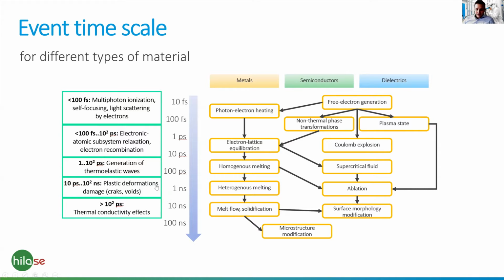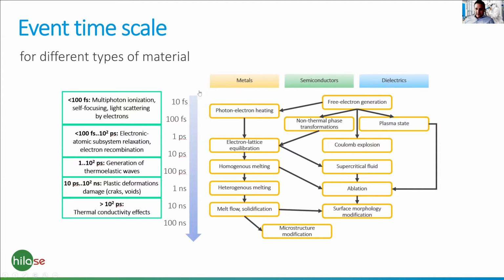And this is happening in tens of picoseconds to hundreds of nanoseconds time scale. And when we get over 100 nanoseconds, we also have to consider the thermal conductivity effect, because now the heat is starting to act in the material as well.